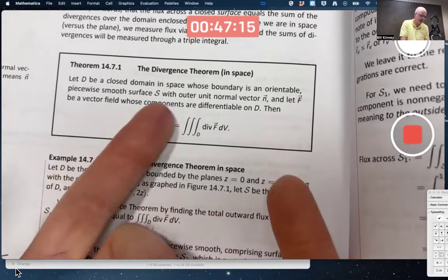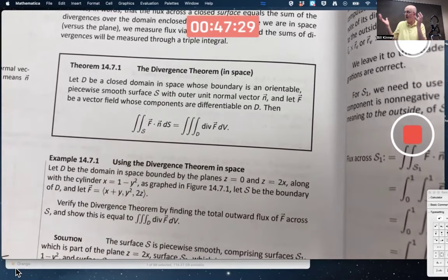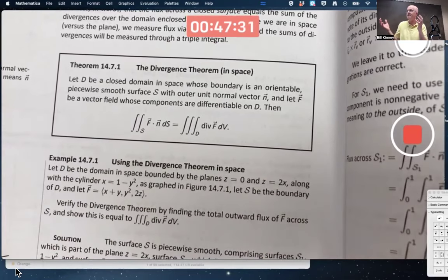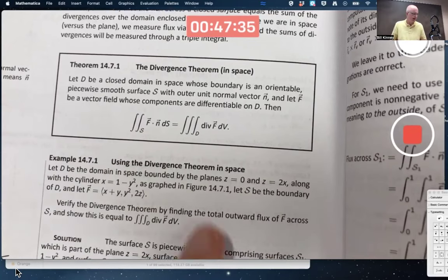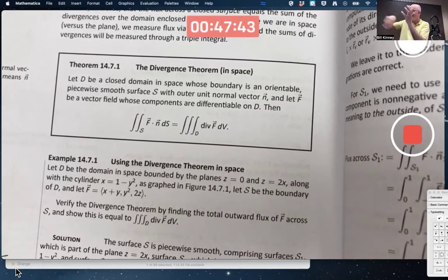Then the flux integral of the vector field over the surface, that measures the flux out of the surface, out because it's outward pointing normal vectors, can be found by doing a triple integral of the divergence over the entire volume, the entire solid, not just the boundary, but the inside. You're really integrating over the entire three-dimensional solid.